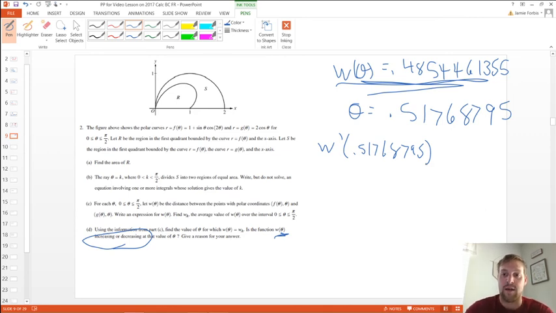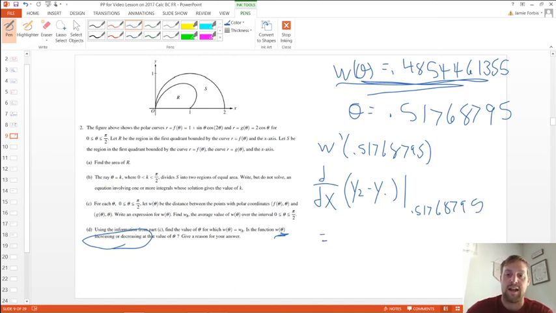So in my calculator I did d over dx of y2 minus y1 evaluated at 0.517687795. And I got that value to be negative 0.581 something, which is less than 0. So therefore, w of theta is decreasing.